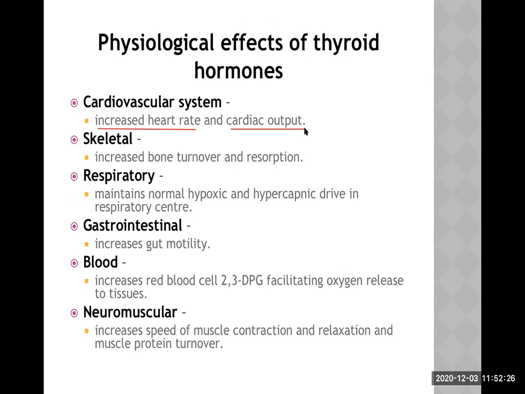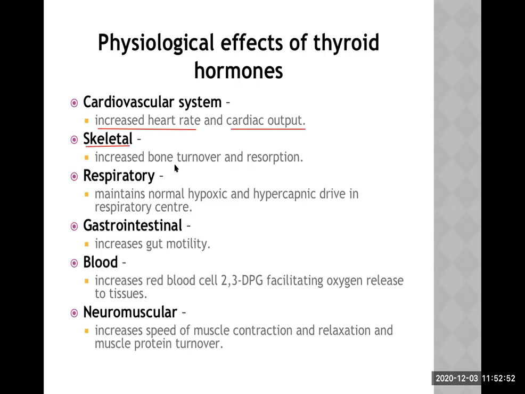Very easy to remember. Now, why? In case of hyperthyroidism or thyrotoxicosis, there is palpitation, there is tachycardia, and there is increased cardiac output, which is known as hyperdynamic circulation. So this is the way you remember the function of thyroid hormone in the heart.